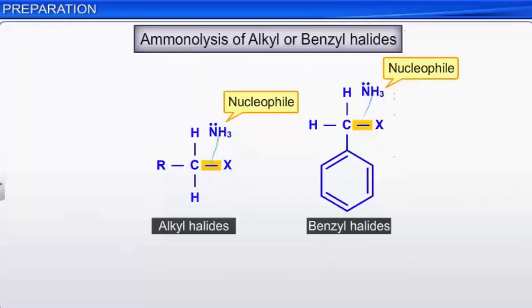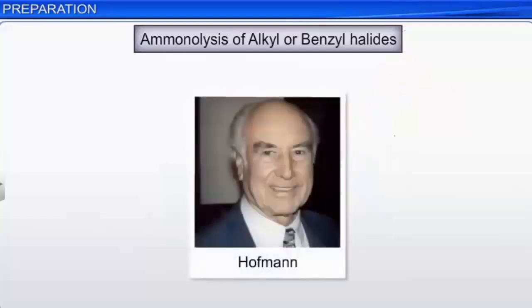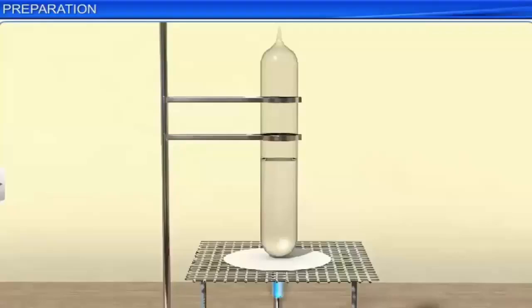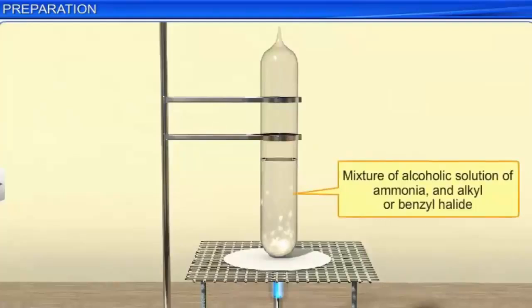It is also referred to as Hofmann's ammonolysis reaction in honor of the scientist who worked on it. In this reaction, amines are produced when a mixture of an alcoholic solution of ammonia and alkyl or benzyl halide is heated in a sealed tube at 373 Kelvin.